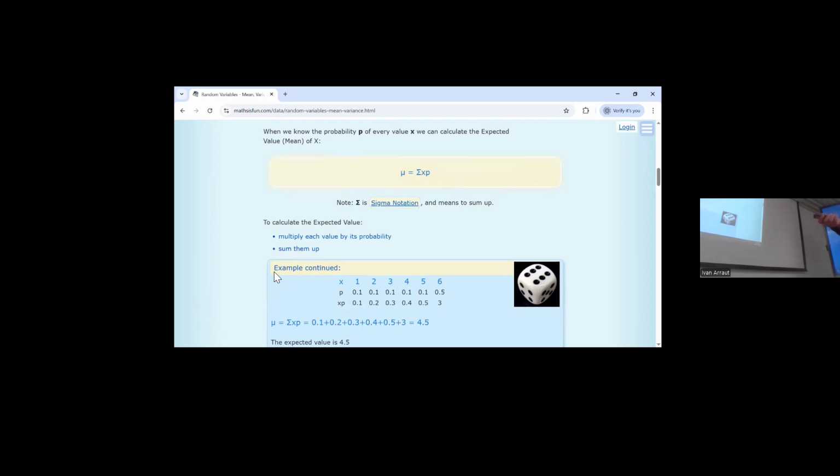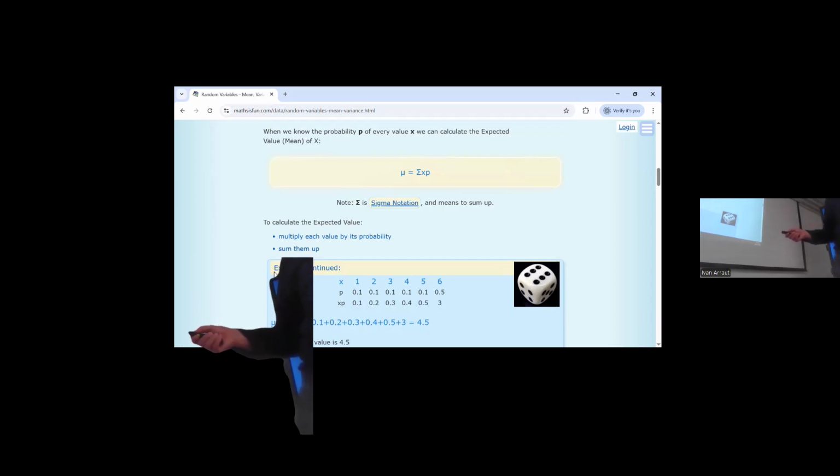And then you can calculate the expectation value. You have 1, 2, 3, 4, 5, 6 with the corresponding probabilities. You calculate the product of p with x. 0.1 times 1, 0.1 times 2 is 0.2. 0.1 times 3, 0.3. 0.1 times 4, 0.4. 0.1 times 5, 0.5. And 0.5 times 6 is 3, because it's multiplied by 1/2.